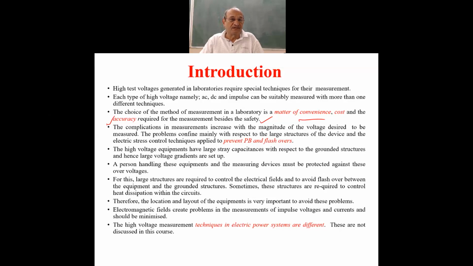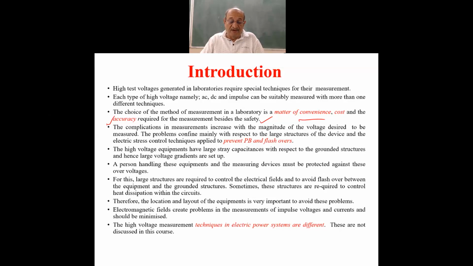So there are donut rings. The dome shape electrodes and all that we have been seeing are used. The size of the electrodes is increased to bring down the partial breakdown around the conductor, because it reduces the field intensity, so the partial breakdown is not able to take place.